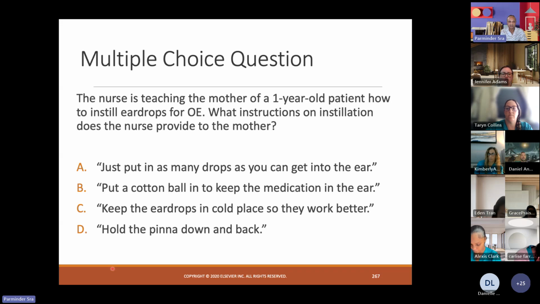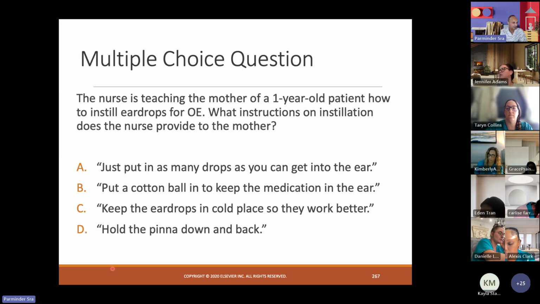Okay, well done. D is the correct choice. When administering eardrops to adults, hold the pinna up and back. In children younger than 3 years of age, hold the pinna down and back. And then tell them to stay in that position, affected ear up.